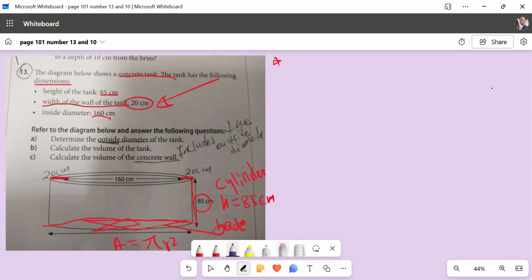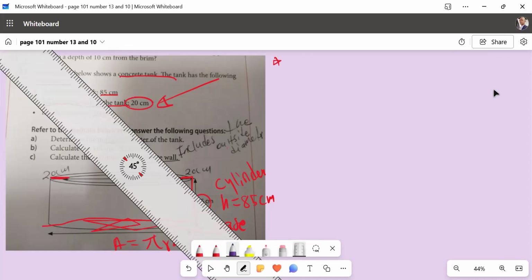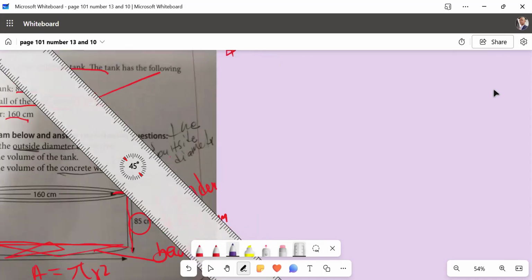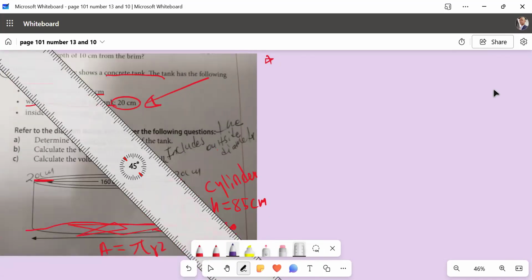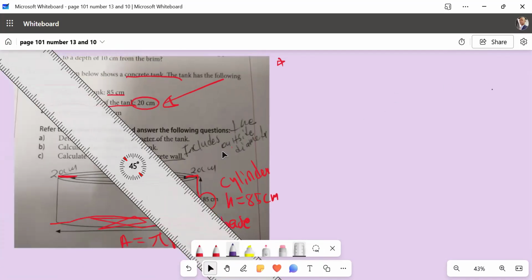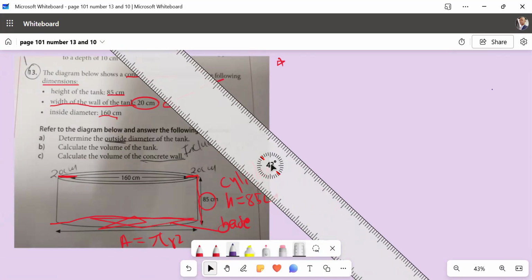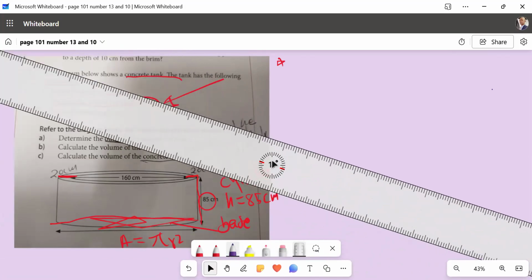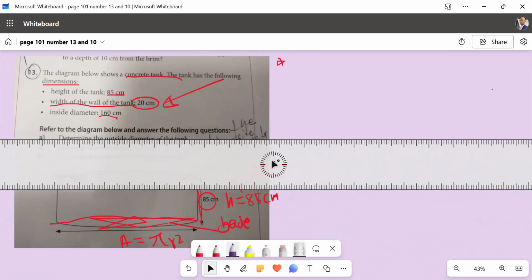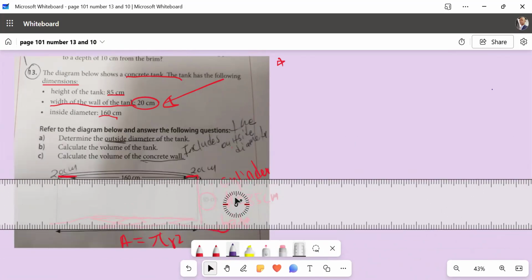So let me show you what I mean by that. I can even grab a ruler there. Let me take my ruler here. I want to make sure that I underline it correctly.